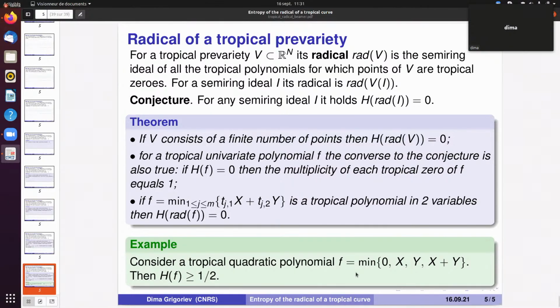So you see it already in this example. The radical in the classical sense would coincide with itself. And so you see that it's really necessary for the vanishing of the entropy that you consider the radical of the ideal, rather than an arbitrary ideal.